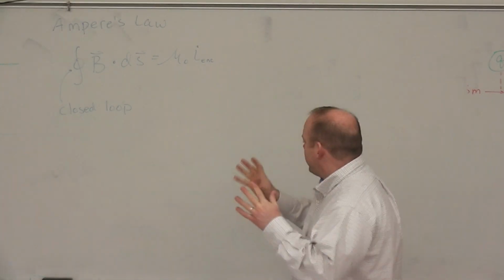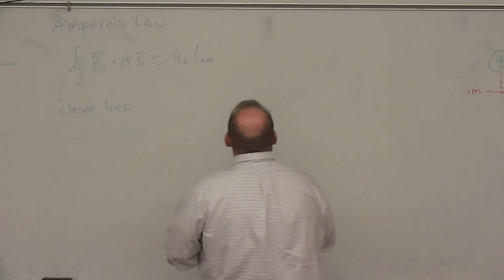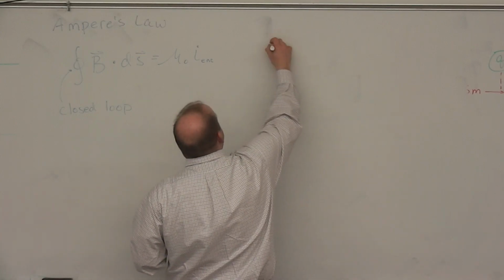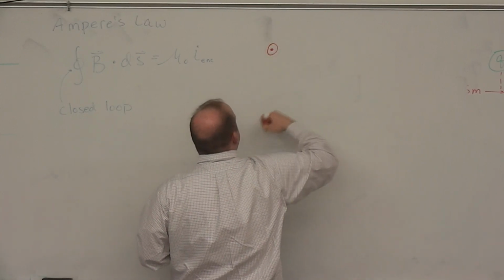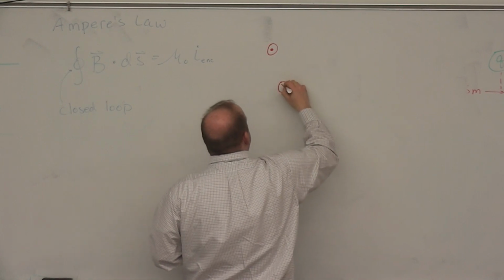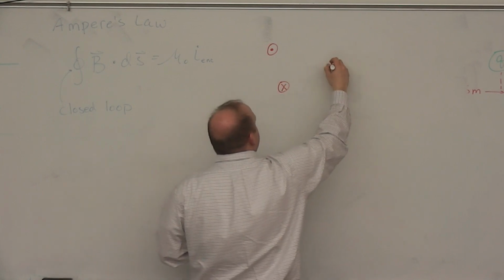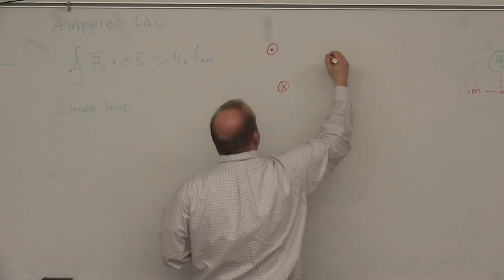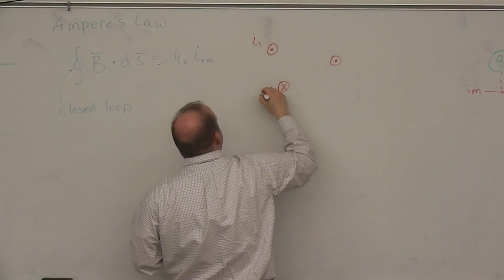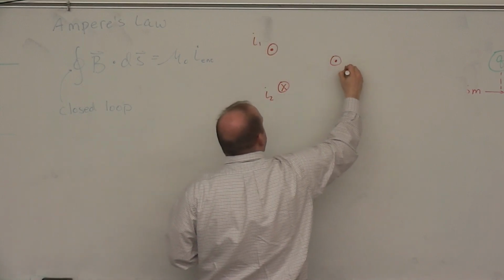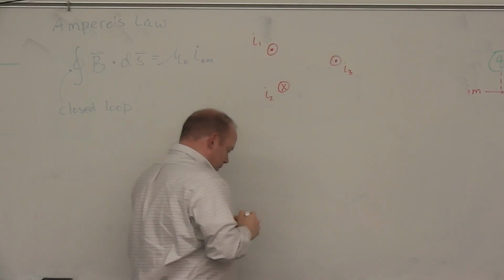So now, let's just look at a general example here. Let's just say I have three currents. One that's coming out of the board here, another one that's going into the board, and another one here is coming out. So I1, I2, and I3. Okay.